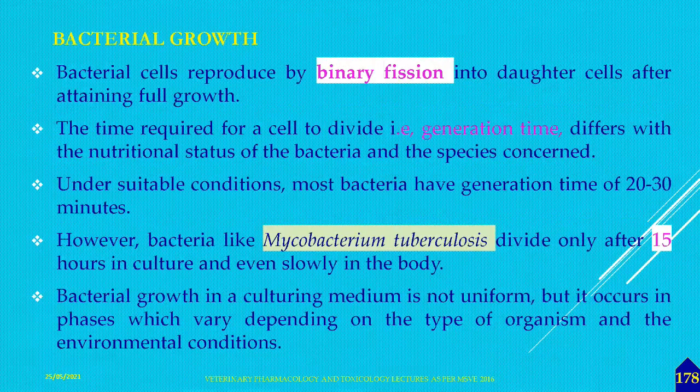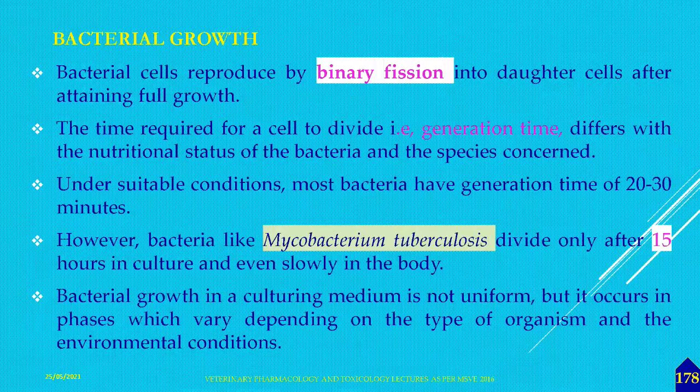And the bacterial growth: the bacterial cell reproduces by binary fission into daughter cells after attaining full growth. The time required for the cell to divide is called the generation time, which differs with the nutritional status of the bacteria, the type of bacteria and the species concerned. Under suitable conditions, most have a generation time of 20 to 30 minutes.